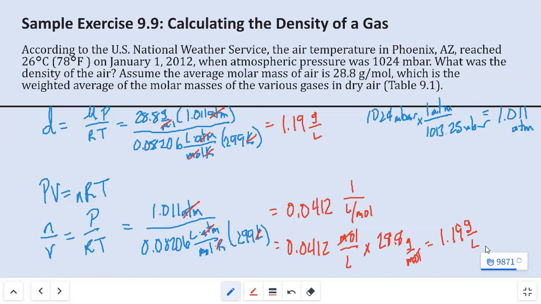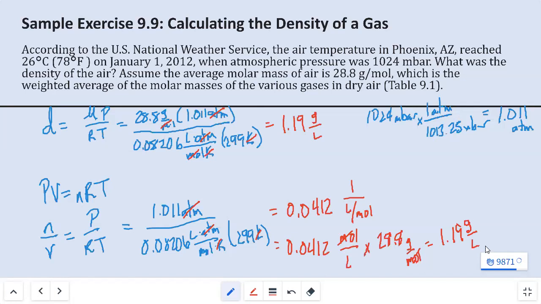And if you can use the ideal gas law to get a similar ratio, all that you have to do is convert that ratio of moles per liter into grams per liter by multiplying by the molar mass. That's all that I'm trying to show you here. The ideal gas law is versatile. You're going to find it useful anytime you have to do calculations involving moles.